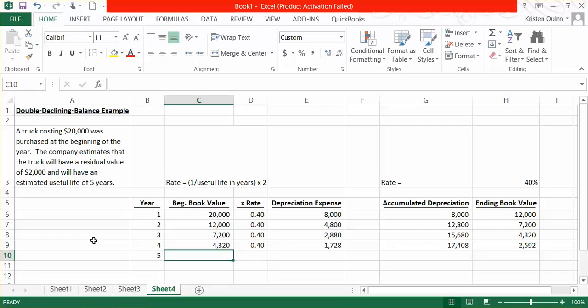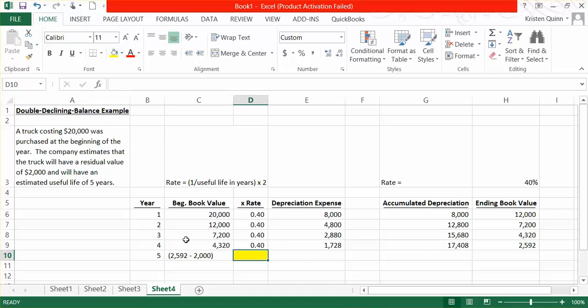For year 5, we take our ending book value from last year, which is the $2,592, and we subtract away the residual value of $2,000. We do not multiply it by our double declining balance rate of 40%.